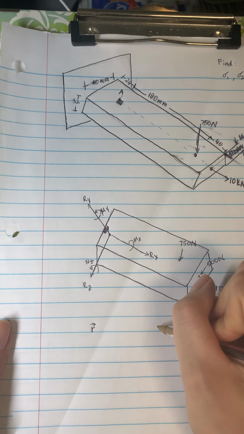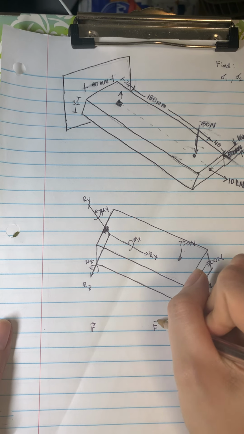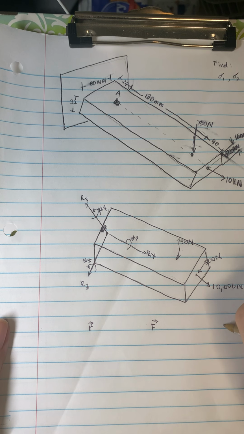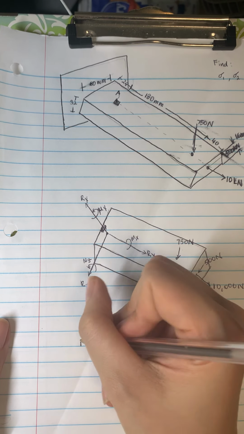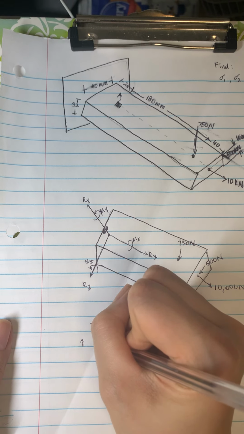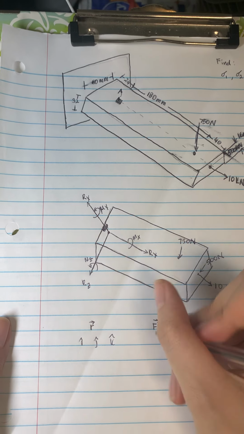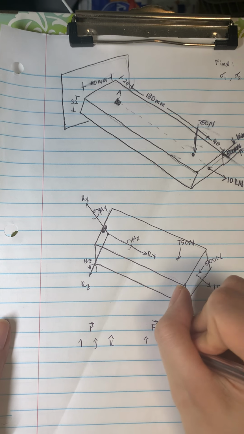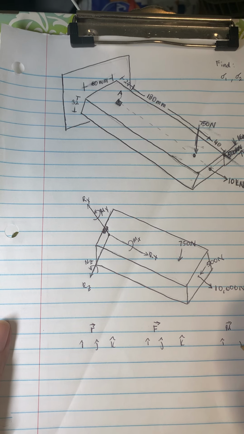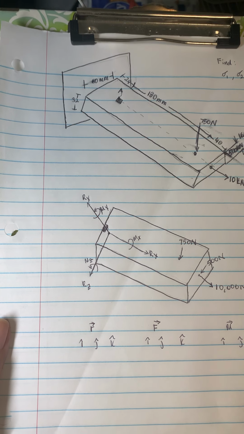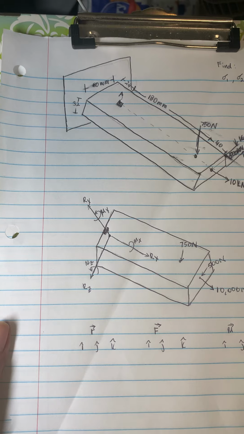And then we also have the force and then the moment. For each of them we have I, J, K, I, J, K, I, J, K. I'm going to do the loads.